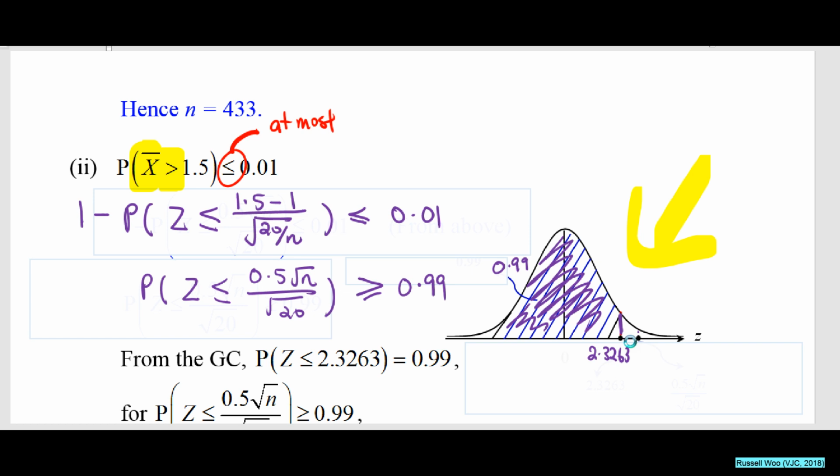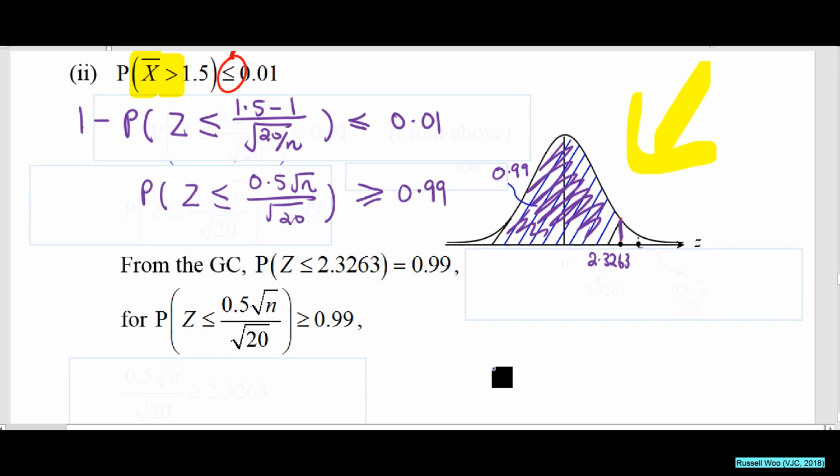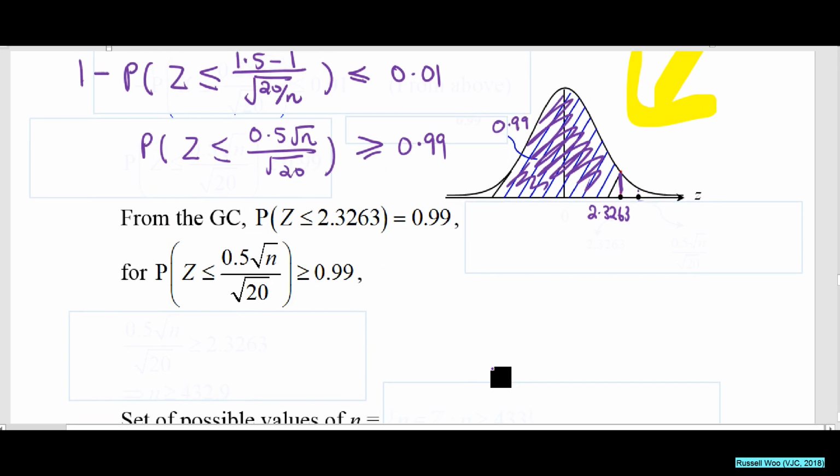That means this must be greater than 2.3263. Can see or cannot see? Can I repeat one more time? For example, can the answer be 2.4? Good, because probability Z smaller than or equal to 2.4 is greater than 0.99, right?